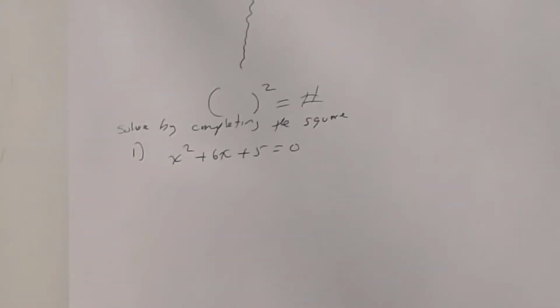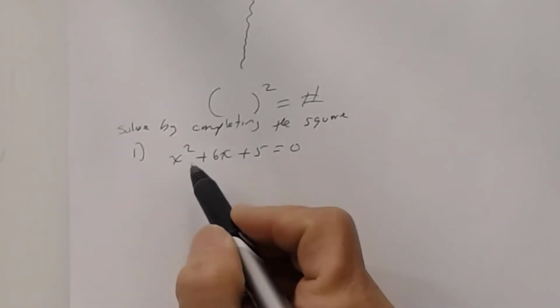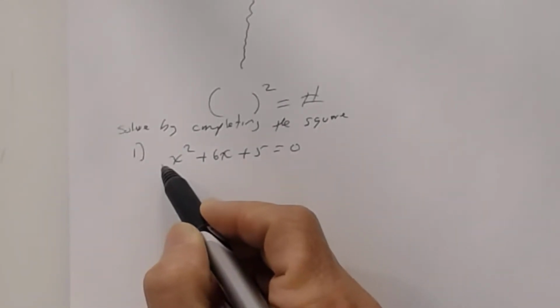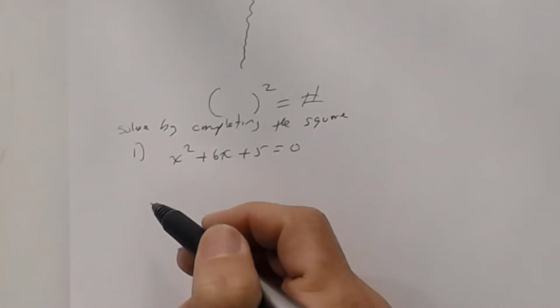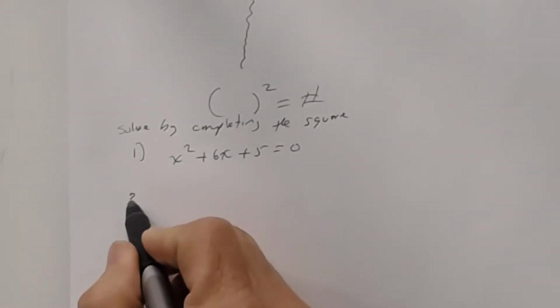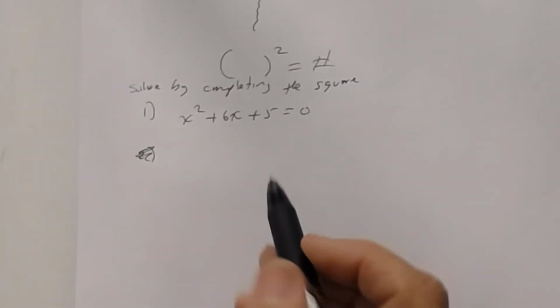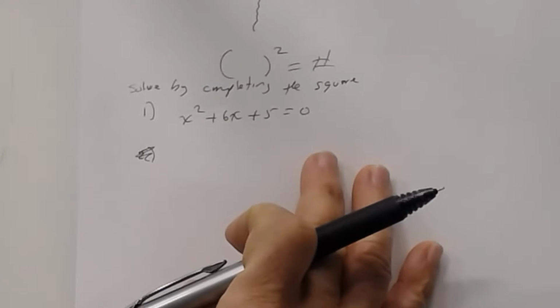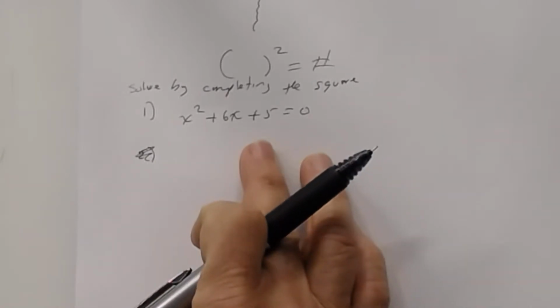Okay, step 1. Is the leading coefficient 1? The leading coefficient means the coefficient of x squared. Is the coefficient of x squared 1? Yes. All right, so that's step 1. Step 2. Isolate the variable terms on one side, bring the constant to the other. So which one is your constant? 5.